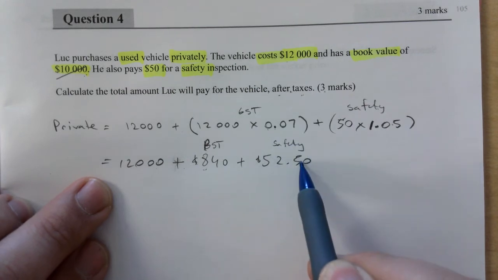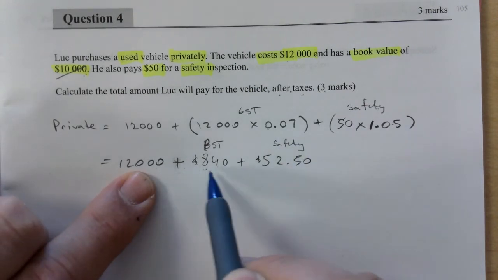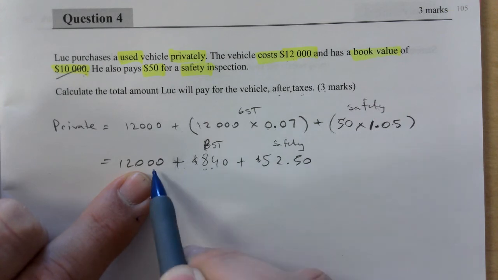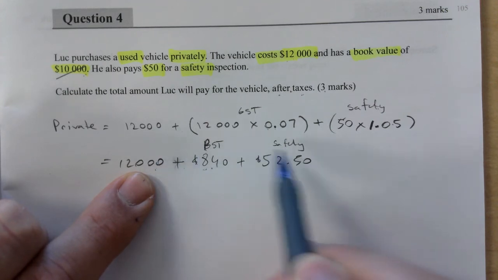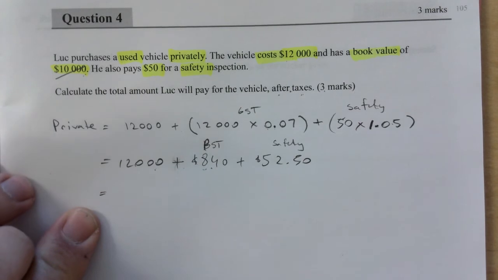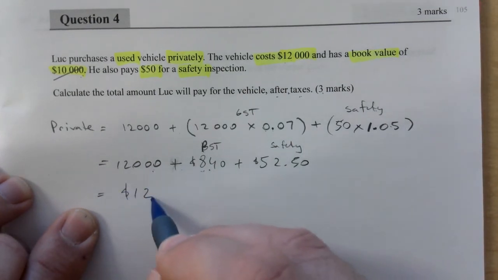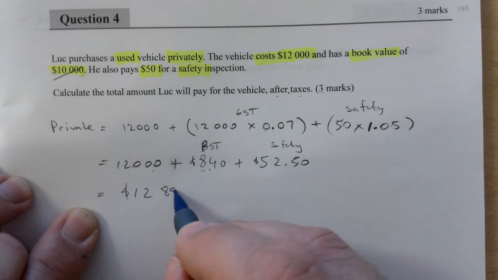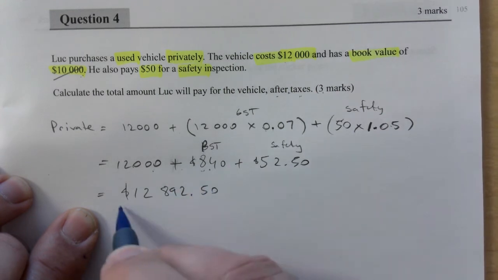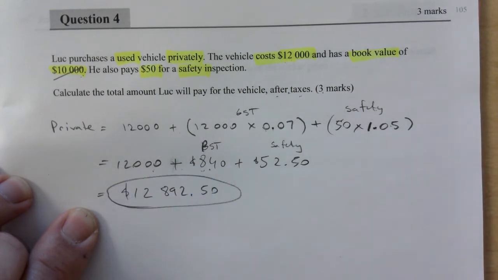Safety is already including taxes. Now we're going to add the PST to the price of the car and just add it all up, because that'll be the total. And that is 12,892.50. That's the total.